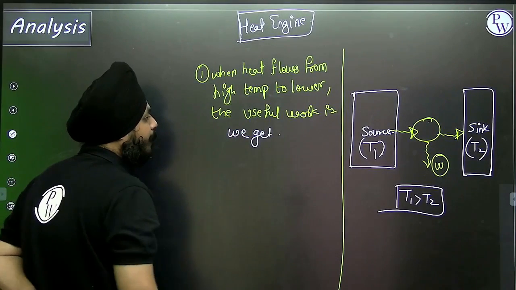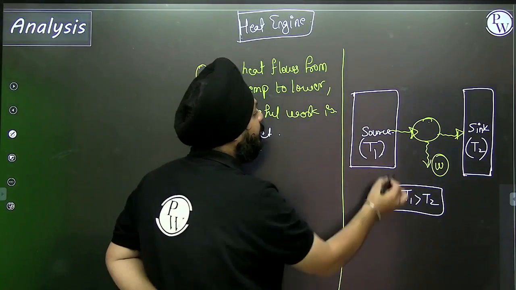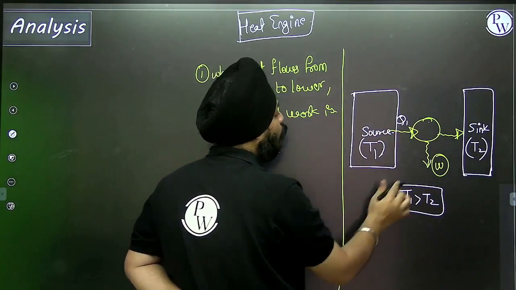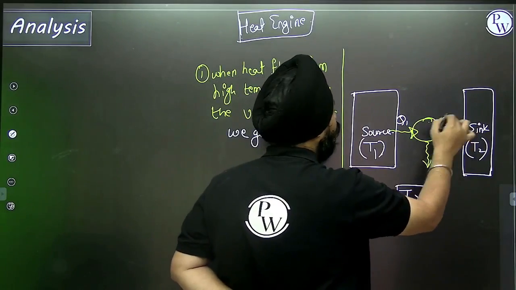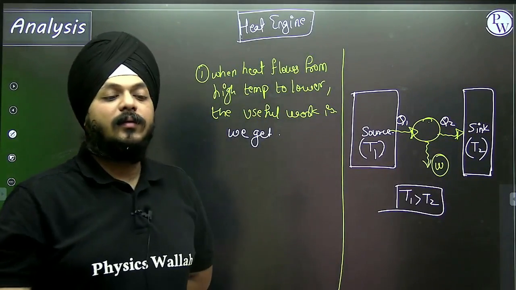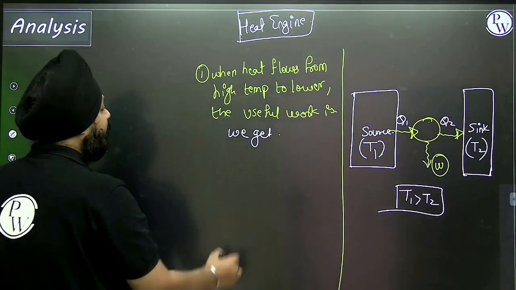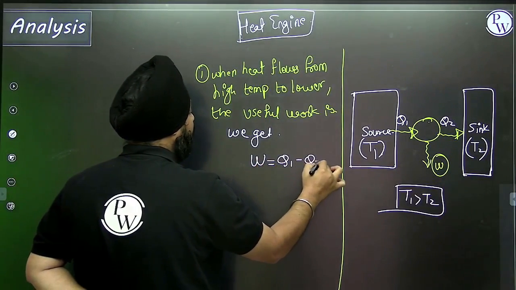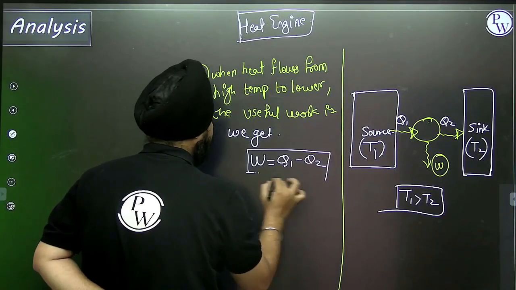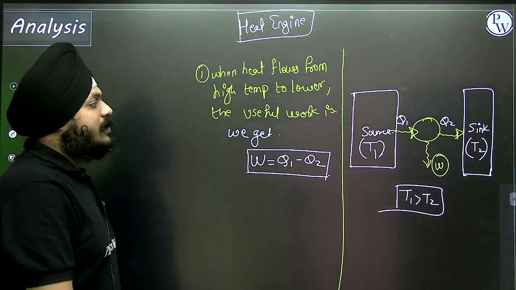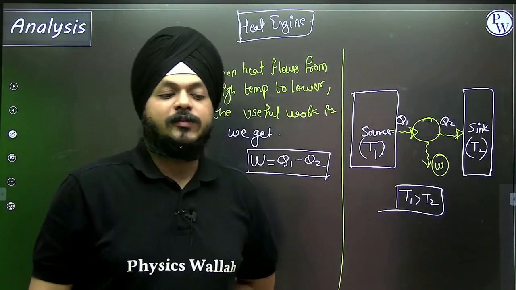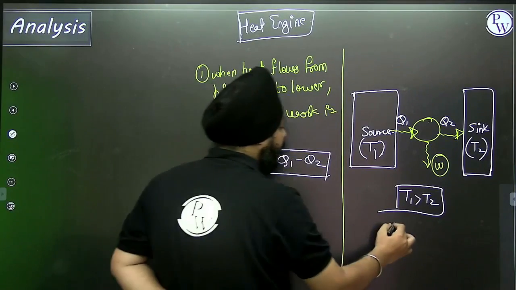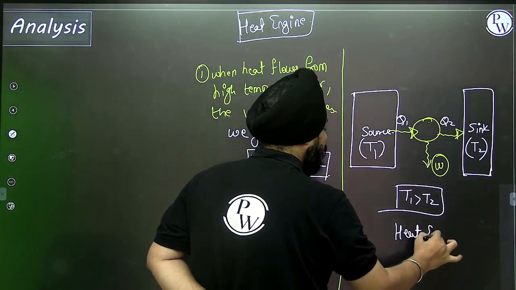Suppose, for example, Q amount of heat moves from the source, W amount of work is done, and Q goes into the sink. So can I write down this statement? This work done is because of the difference between 1 and 2. Now, this is the actual process of the heat engine. It's very simple.